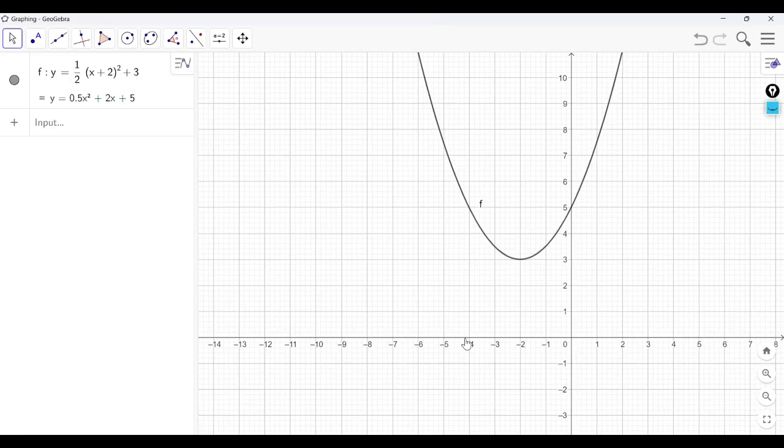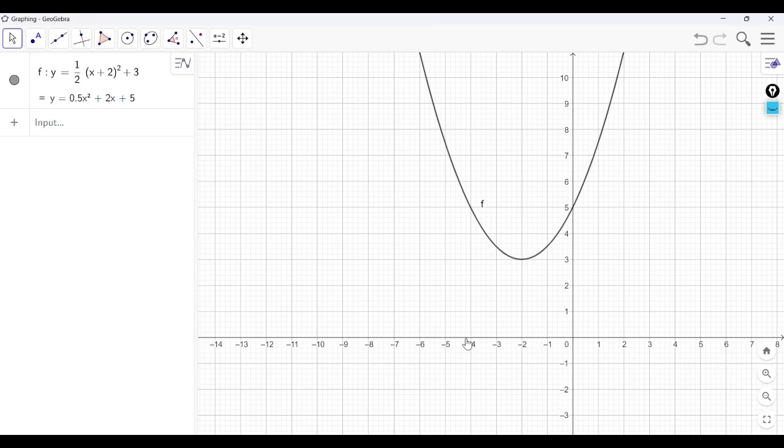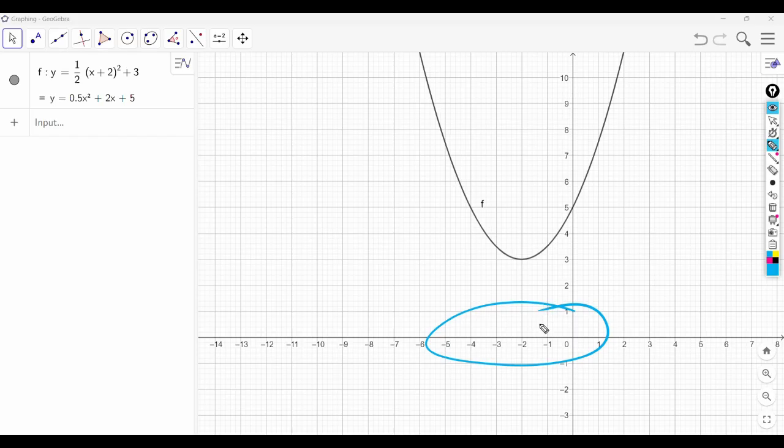Oh, look at that. These quadratic equations will always go through the y-axis, but notice this one does not cross the x-axis. So there's no solution where y equals 0 if you try to solve that. Let's see how it all plays out.